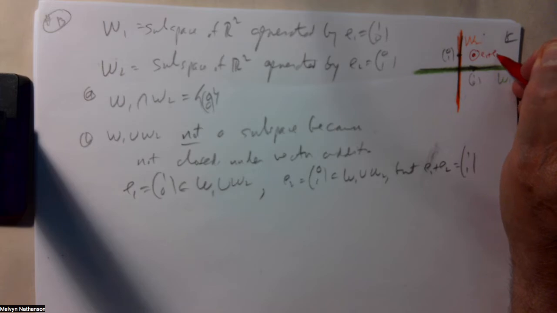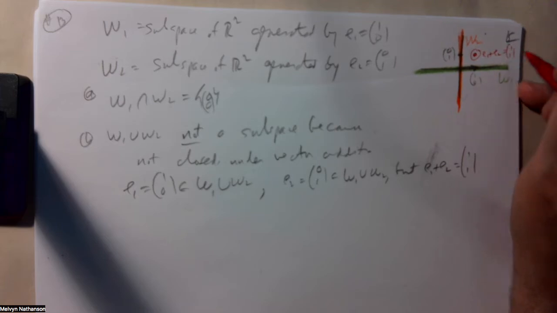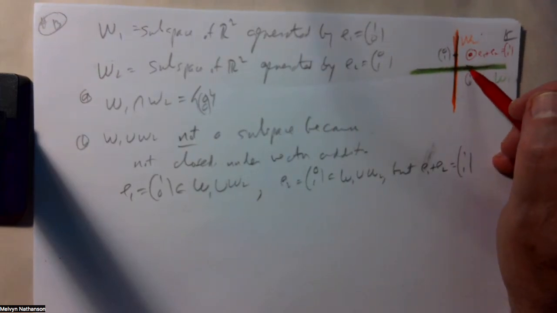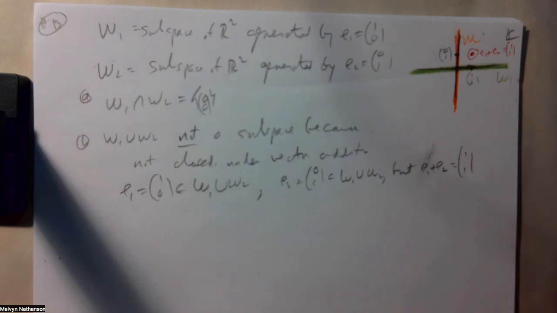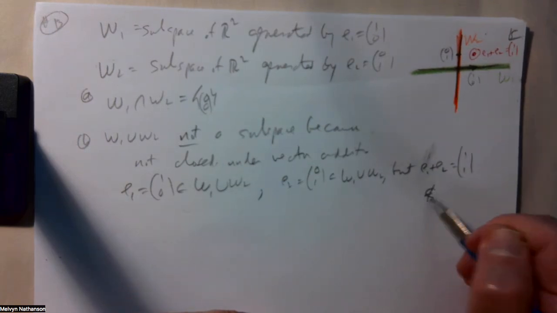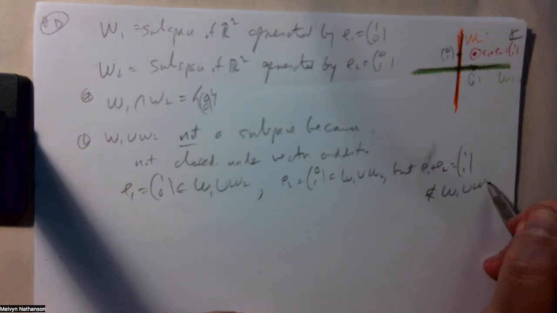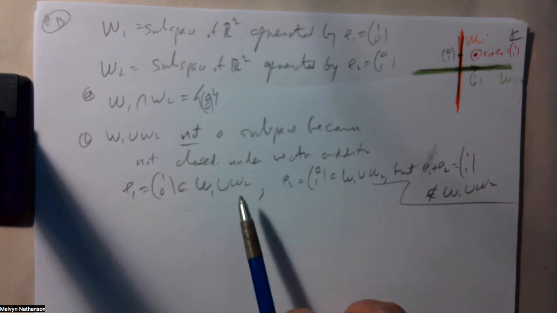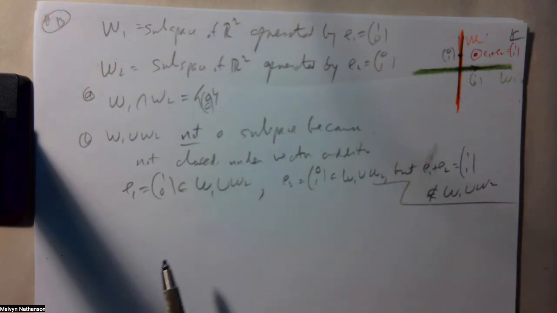That's E1 plus E2, coordinates 1, 1. That's not on the green line. It's not on the orange line. So this is not in W1 union W2. So this union is not a subspace. It is not closed under vector addition.